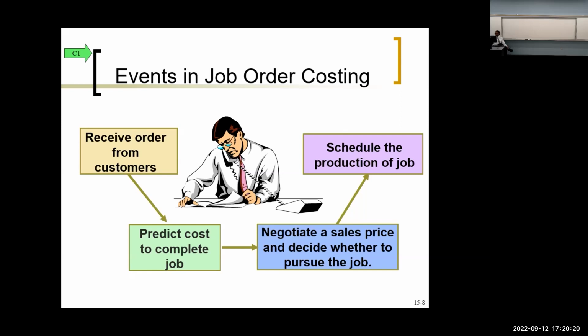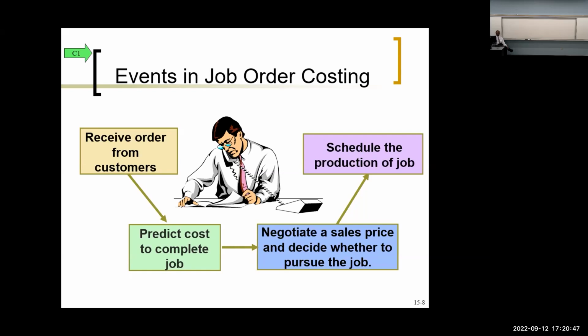A client, let's say, to give you an example, Delta will contact Boeing and ask to purchase a plane. So Boeing will receive an order from that customer. They will make an estimation of what it will cost for them to make the plane for Delta. They'll send that order back.